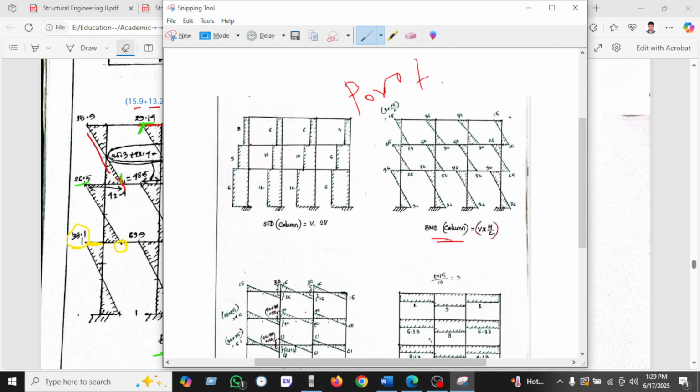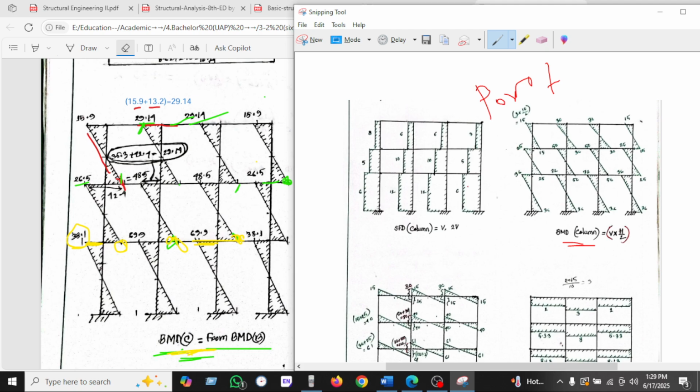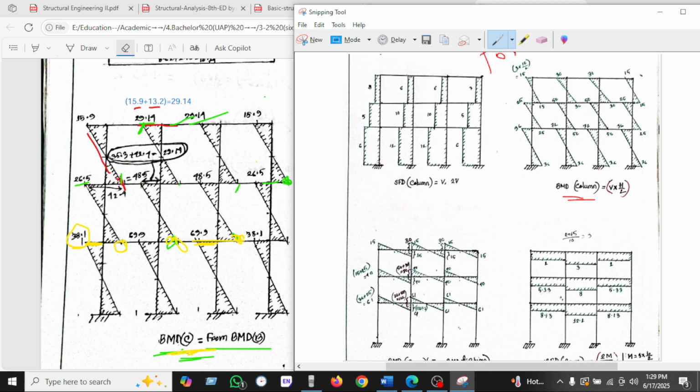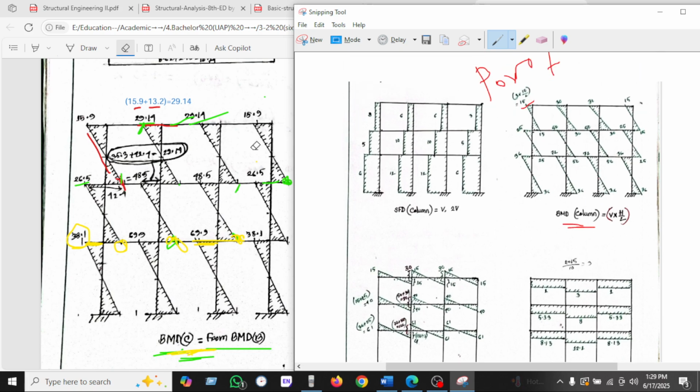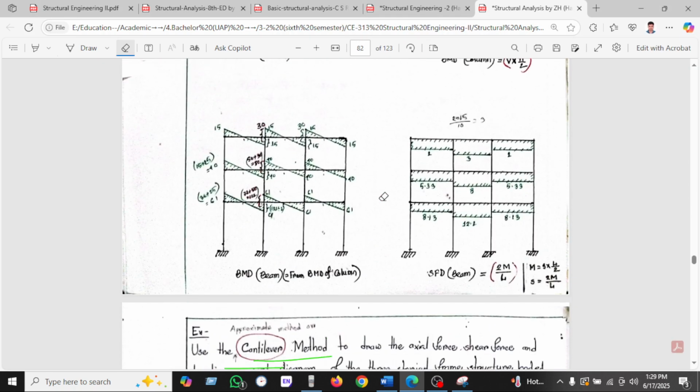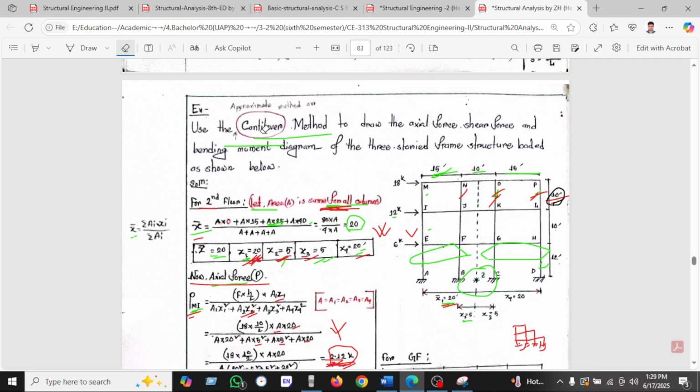So this is the portal method we have shown here, the bending moment of the column. We found 15, and the reason we are comparing here is that the wall load is given the same in the cantilever method, all the dimensions and all the loads are the same, which is 18, 12, 6, and the distances are 15, 15, 15, and 10, then 12.